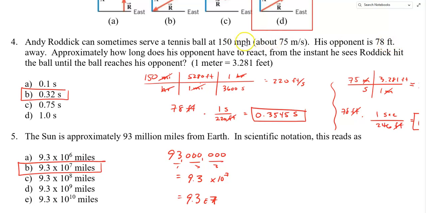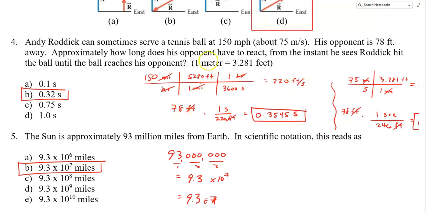So miles per hour is easier to convert to feet per second than it would be to go from approximately 75 meters per second into feet per second. So for that reason, I performed this unit conversion initially, 150 miles per hour through 5,280 feet per mile, etc. I got that down to 220 feet per second.